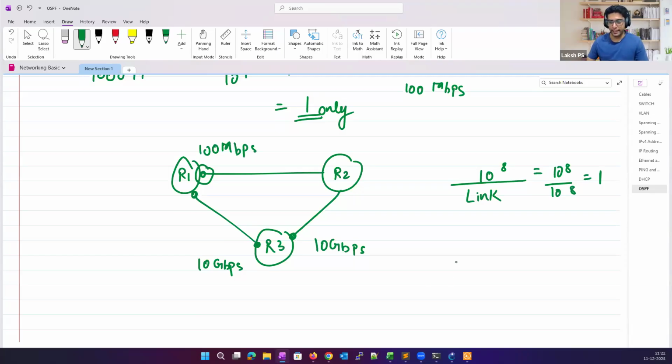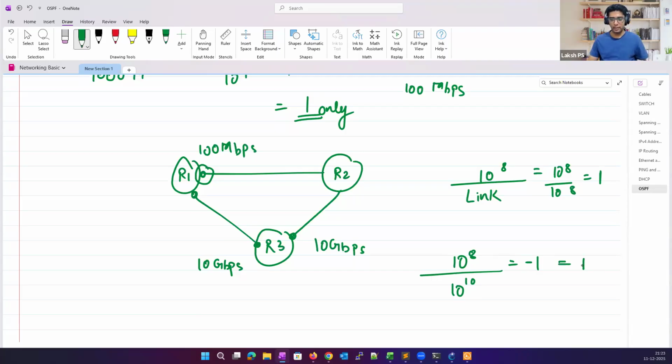For a 10 Gbps link, it is going to be 10 power 8 divided by 10 power 10, which again goes into a fractional value. And as I said, OSPF considers that value as 1.